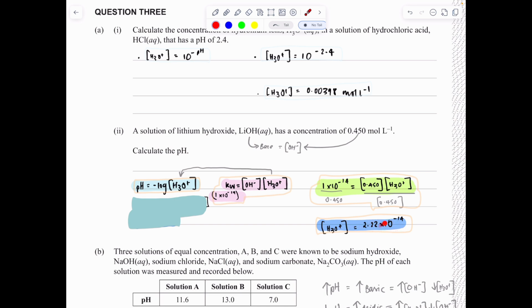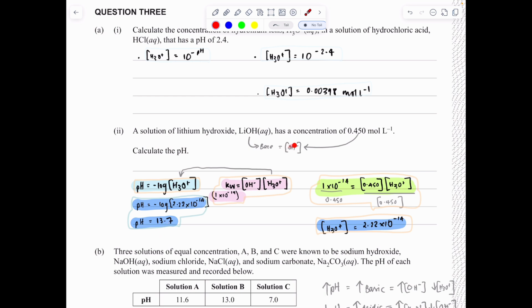Now what I can do is plug this into this equation here. So pH is the negative log of H3O+ concentration, and that gives us a pH of 13.7. Not too bad, is it?